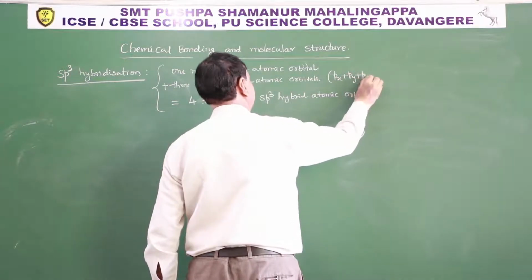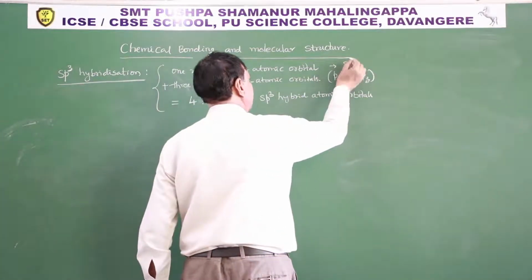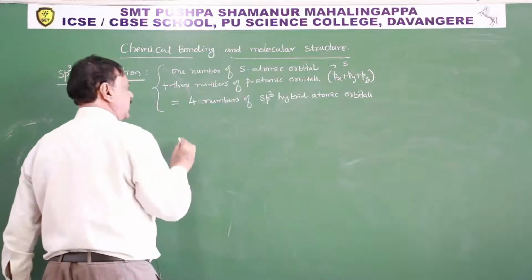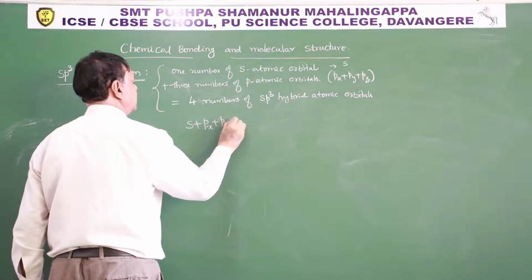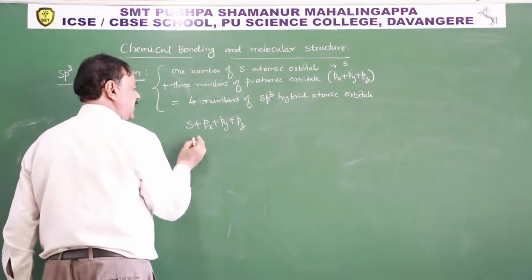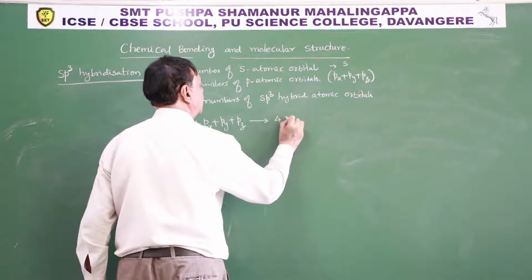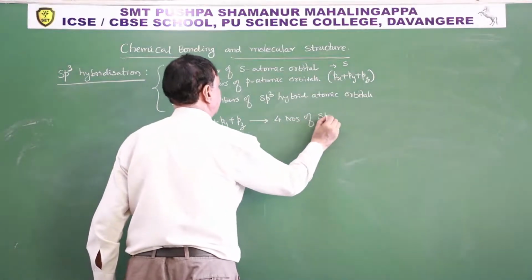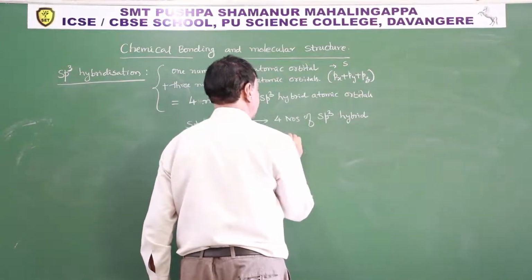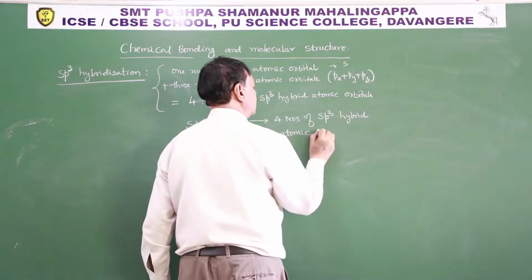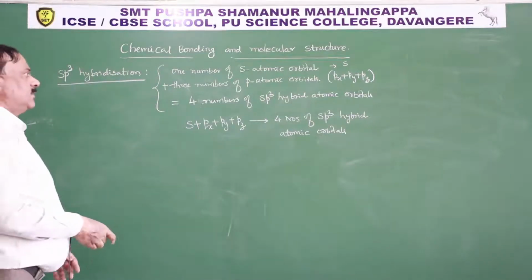Therefore s plus px plus py plus pz are all different in energy levels and different in shapes. Then it gives rise to 4 sp3 hybrid atomic orbitals. Is it clear?